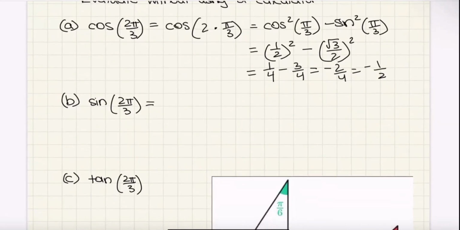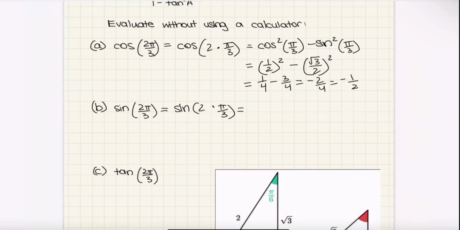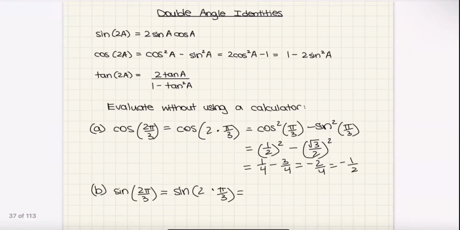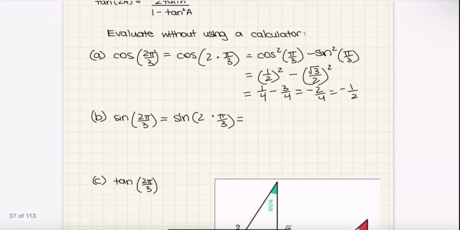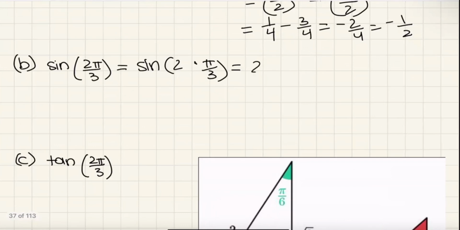Okay. Let's try the next one, which is sine 2 pi over 3. So this is equal to sine of 2 times pi over 3. And then according to our double angle formula, sine 2A is equal to 2 sine A cos A. So therefore that's equal to 2 sine pi over 3 cos pi over 3.